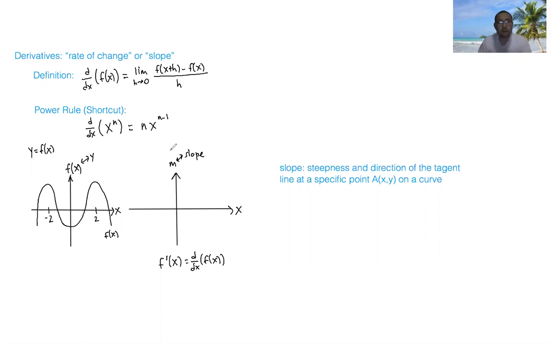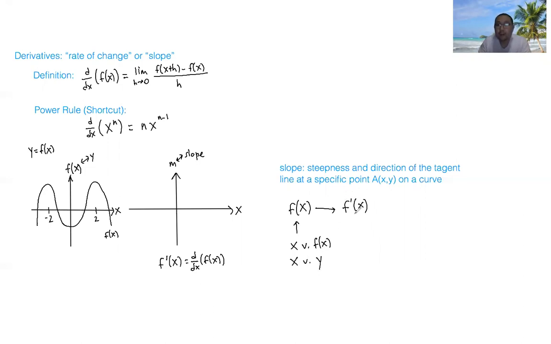The real first takeaway here is that if you're trying to go from the curve of your original function to the curve of your derivative, your original function is going to be given to you in terms of x versus f of x, or same thing, x versus y.